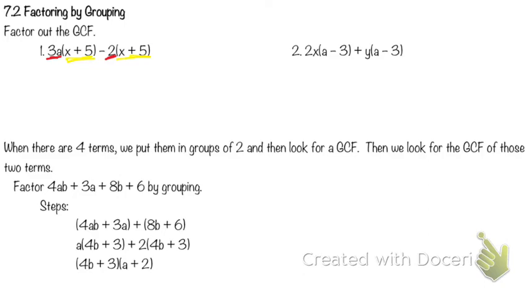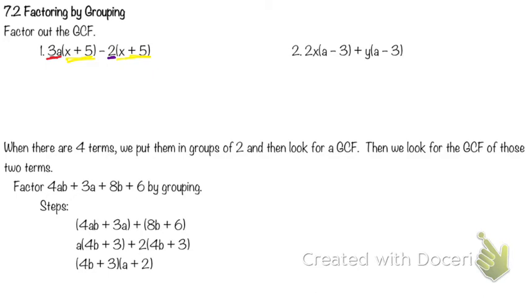That's the definition of factors, okay? If the first part's factors are 3a and x plus 5, the second part's factors are 2 and x plus 5. Do they have that second factor, the x plus 5, in common? The first part and the second part, do they both have x plus 5?